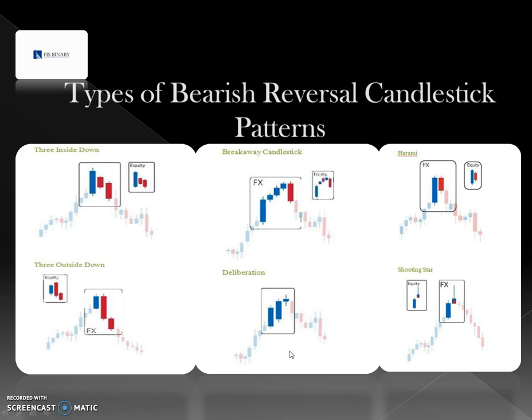Right? Now, the next thing we're going to be talking about is the bearish reversal candlestick patterns. The bearish reversal candlestick patterns are patterns which form and indicate that an existing upward trend is about to pause or stop, and a downward trend is about to begin. That's what it implies.